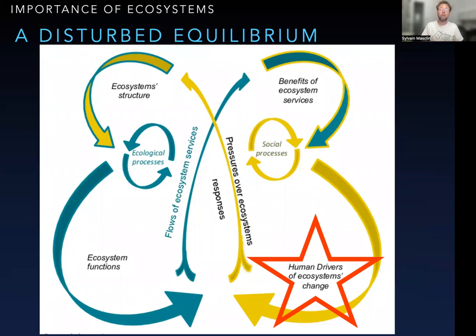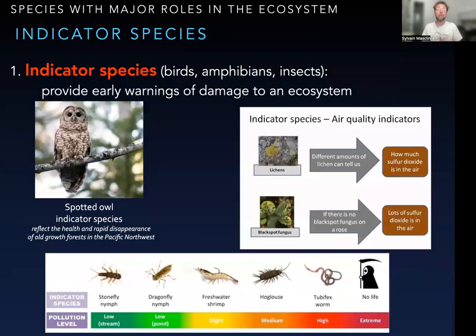For that, scientists have been following the behavior and the demography, so the change in population in some species. Mostly to know if an ecosystem is doing okay or badly, they follow, for example, indicator species. Indicator species are specific species. Most of the time, they tend to be amphibians, birds, or insects, because those species are very sensitive to changes in their environment.